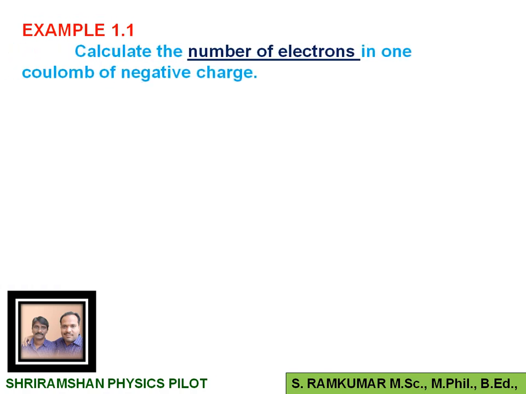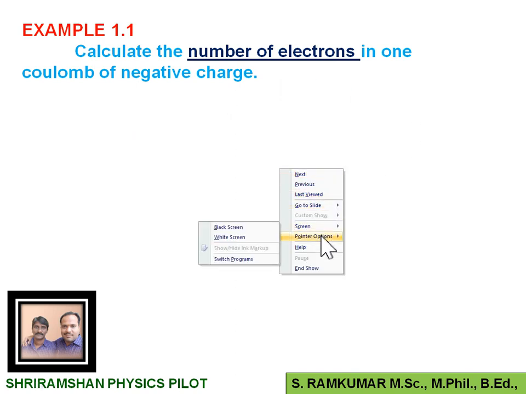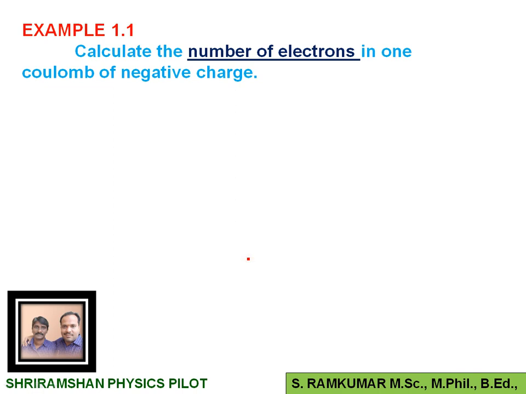So example 1.1. So question, calculate the number of electrons in 1 coulomb of negative charge. So you have to calculate the number of electrons in 1 coulomb of negative charge. So in this case, first you have to write what is given.